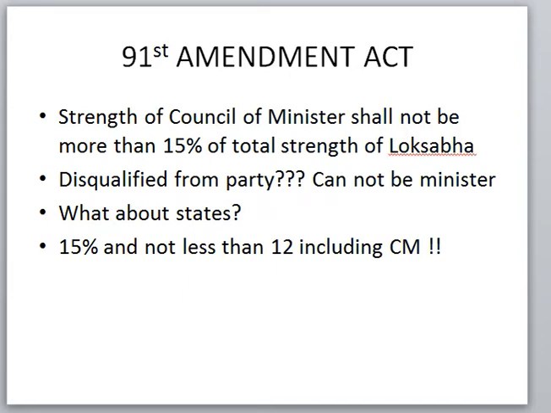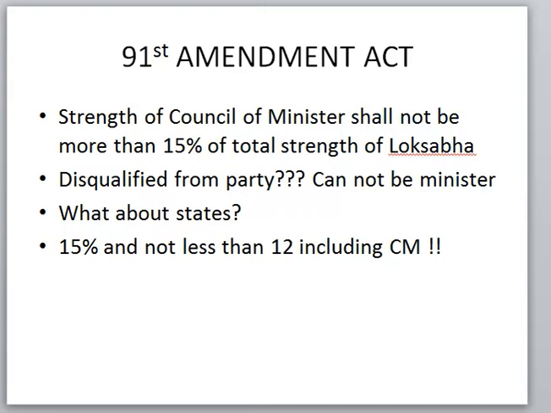So remember that the minimum number of ministers is fixed in the state government, and the maximum number is also fixed. But in case of the central government, there is no limit on the minimum number of ministers, but there is a limit on the maximum number.